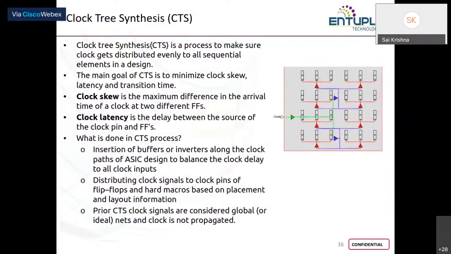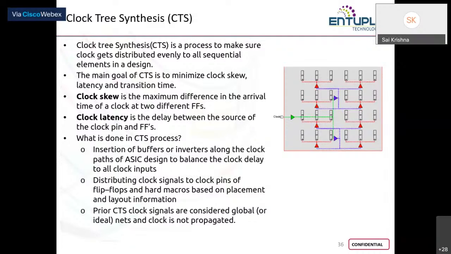Now, when this clock tree is operating, there are certain factors which we need to be aware of. The first one is clock skew, which I've already explained, and the second one is clock latency. Latency is a synonym for delay.